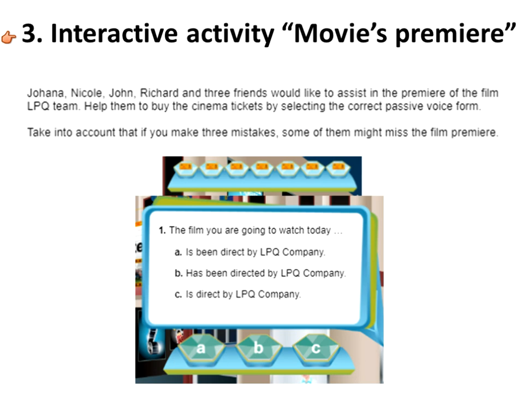The third activity is the interactive activity Movies Premiere, in which you are going to answer 7 different questions using the correct passive voice. So, in this example: the film you are going to watch today, A, is being directed by LPQ Company; B, has been directed by LPQ Company; and C, is directed by LPQ Company.